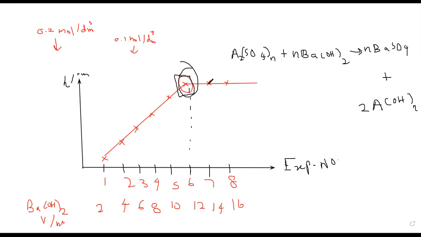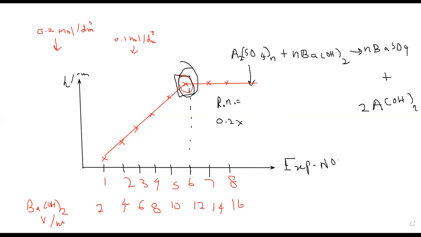That's the point where it is exactly reacted according to the stoichiometric ratio. So now take the moles. A2SO4 reacted moles: concentration times volume. Concentration is 0.2.